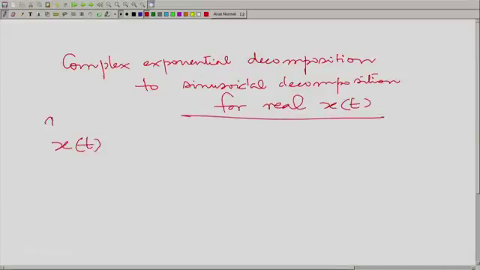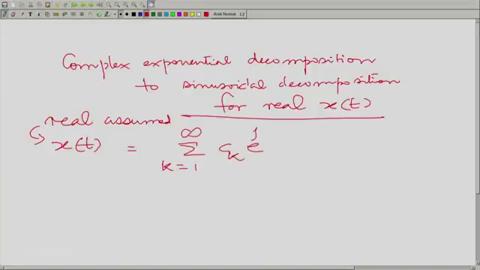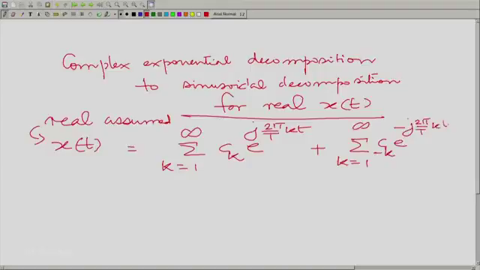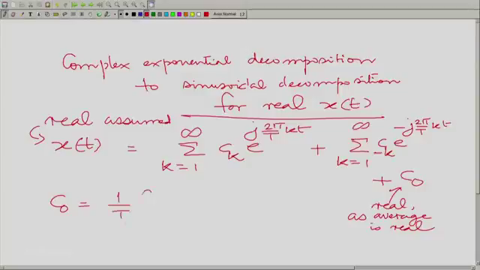Write x(t), which you have assumed to be real of course, in the form summation k going from 1 to infinity Ck e raised to the power j 2 pi by T kt, the same summation but with minus k instead of k, and C0. And C0 has to be real, as the average is real. You know how to calculate C0. C0 is essentially 1 by T integrate x(t) dt over an interval of T.